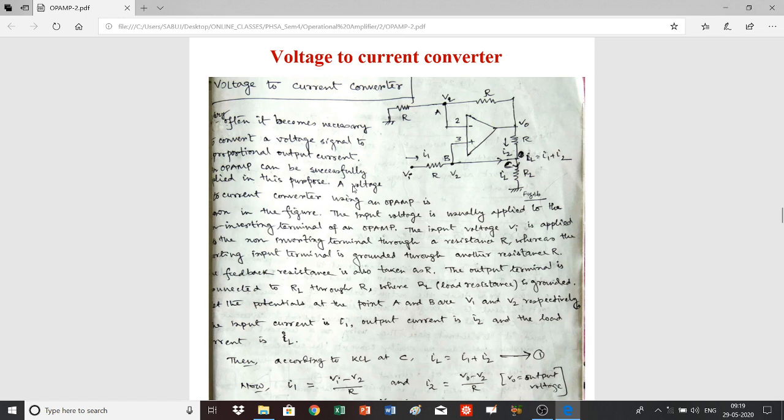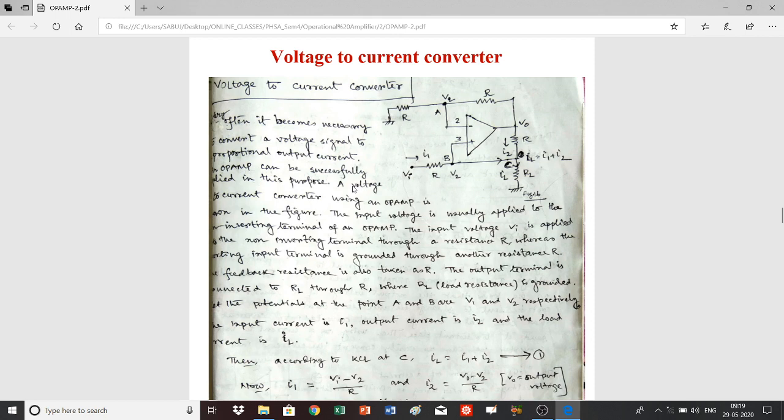But you can send current to a distant place. In that case, it is required to convert the voltage into its proportional current, and that current then can be sent to a distant place.